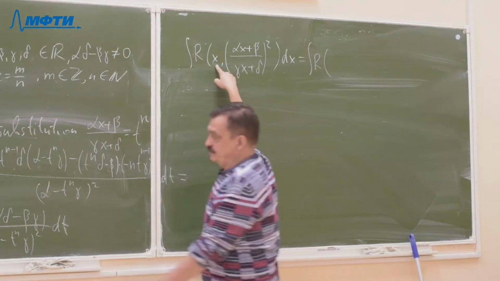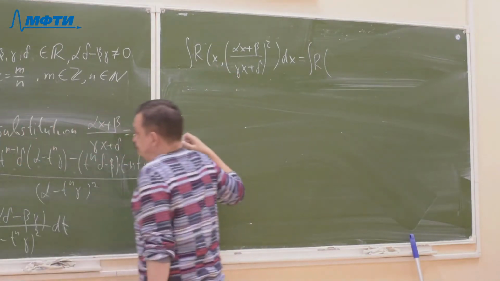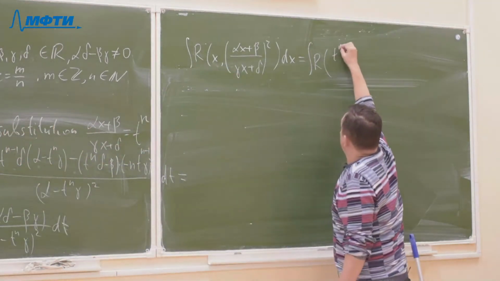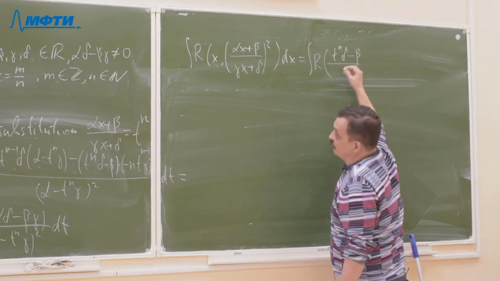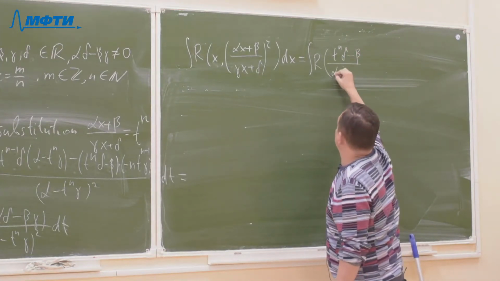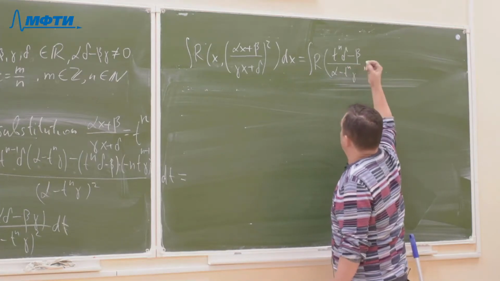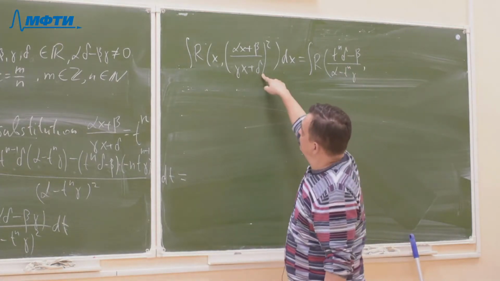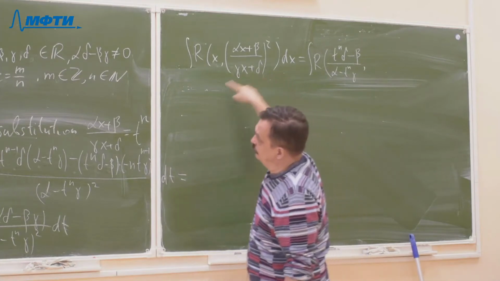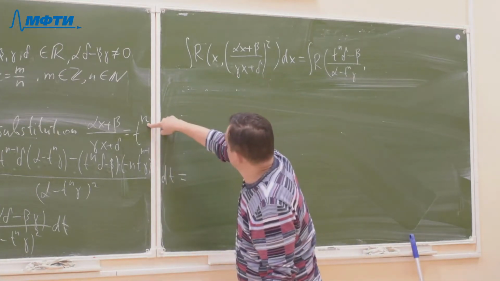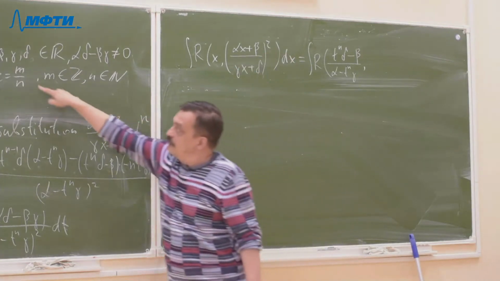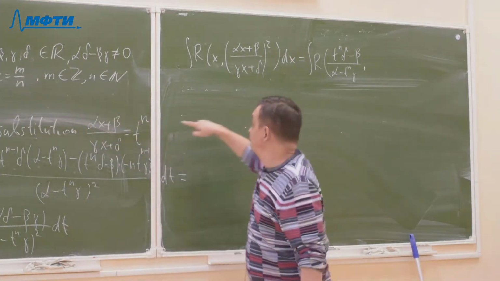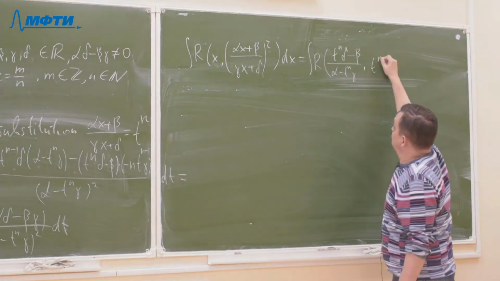Here I should substitute this expression, (t to the power n delta minus beta) over (alpha minus t to the power n gamma). And that one, what will it be? Look, t to the power n, power r is m over n, so we have just t to the power m.